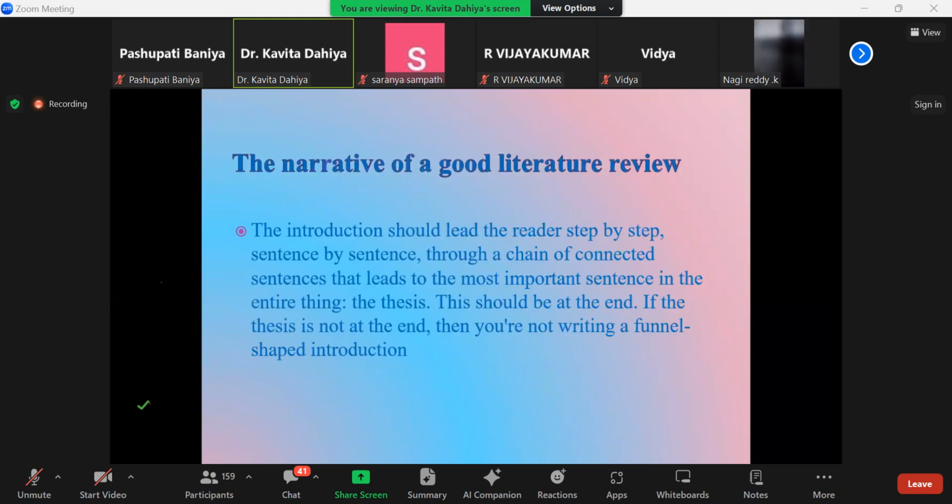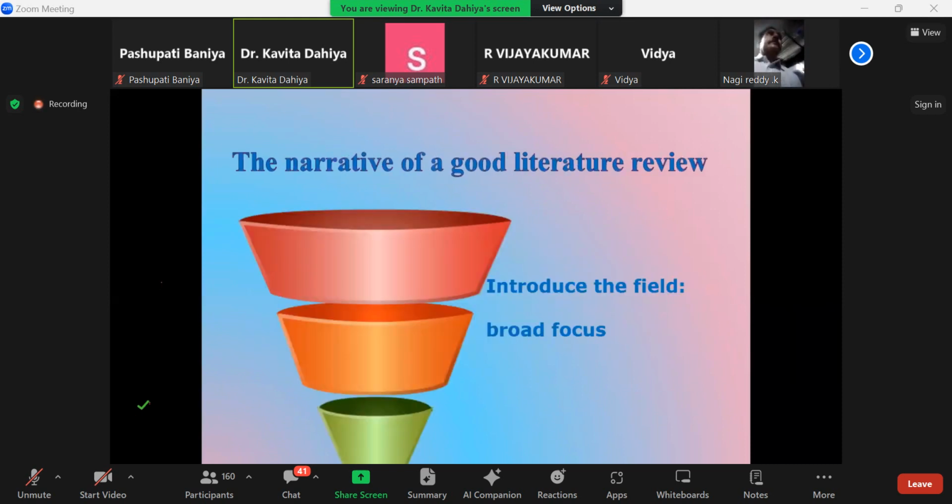Here, the narrative of a good literature review is that the introduction should lead the readers step by step, sentence by sentence, through a chain of connected sentences that lead to the most important sentence in the entire thing. That is the thesis, or your research report. This should be at the end. If the thesis is not at the end, then you will write a funnel-shaped introduction.